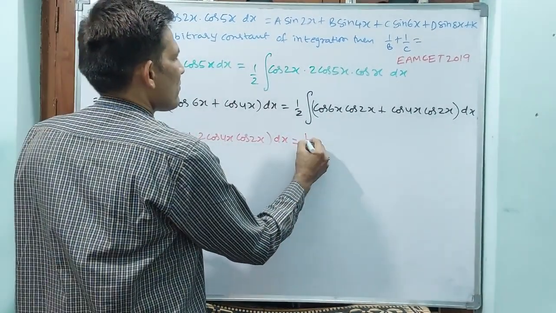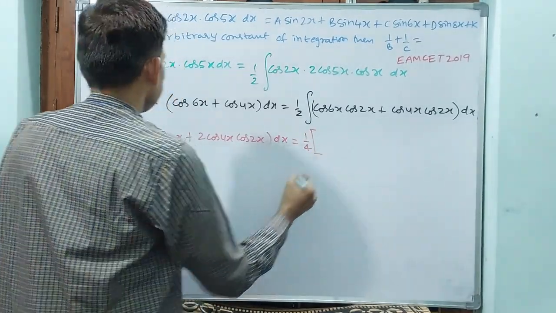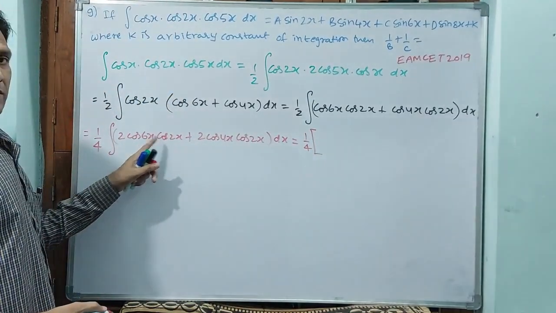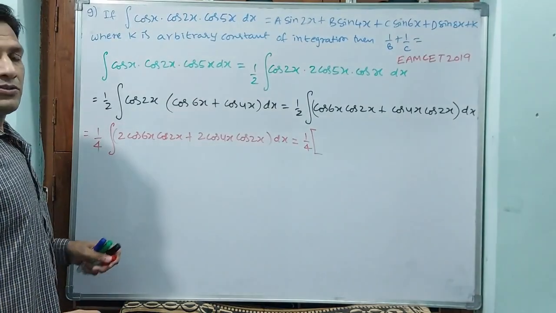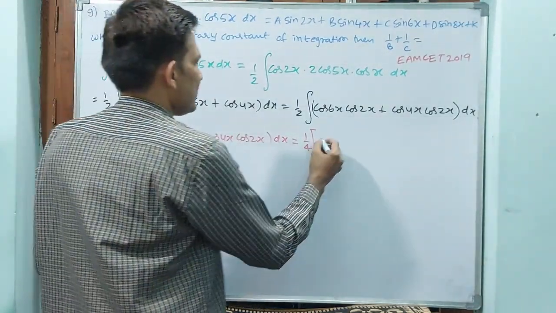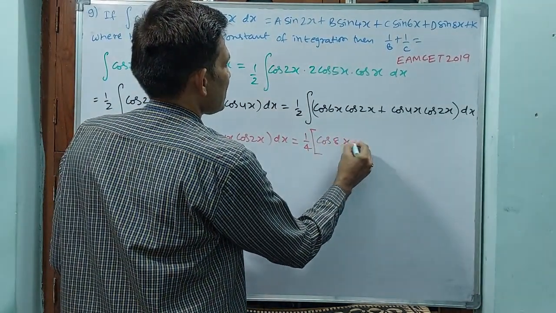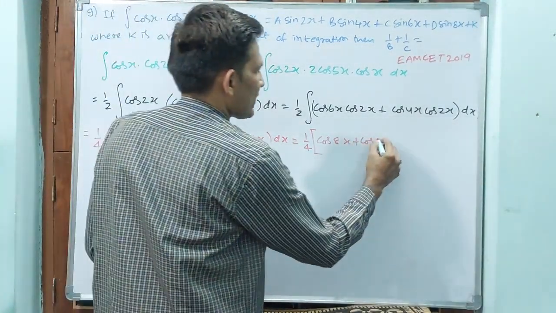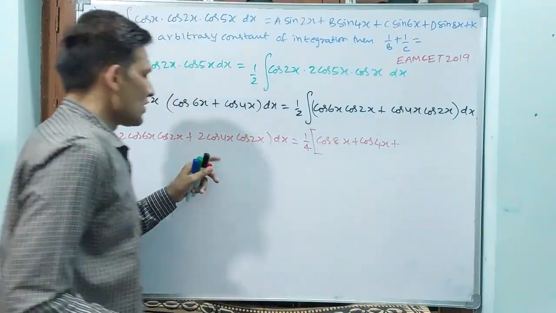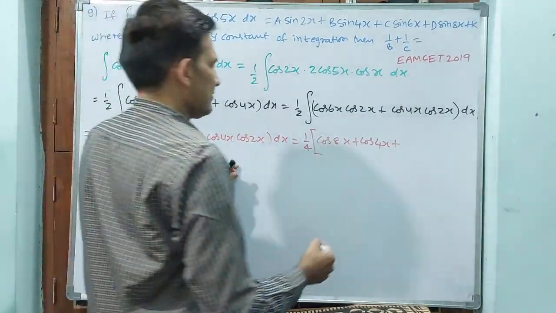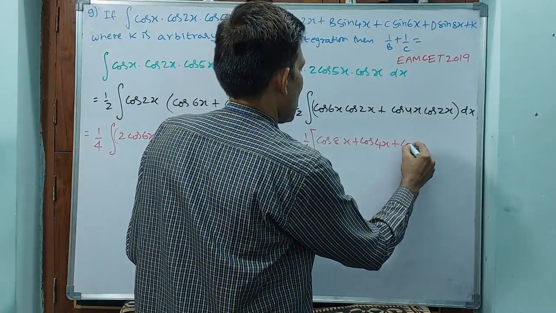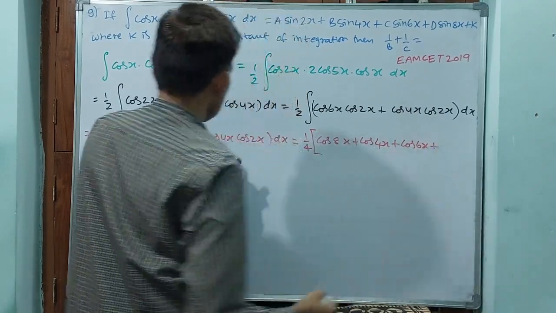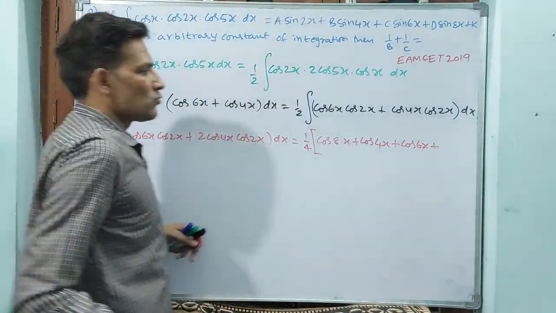Now 1 by 4 cos of a plus b, 6 plus 2, 8, cos 8x, plus cos a minus b, 6 minus 2, 4x, plus cos a plus b, 6x again, plus cos a minus b, 4 minus 2, 2x.